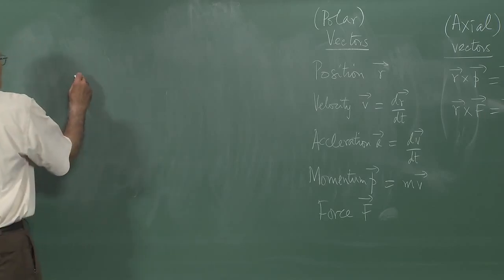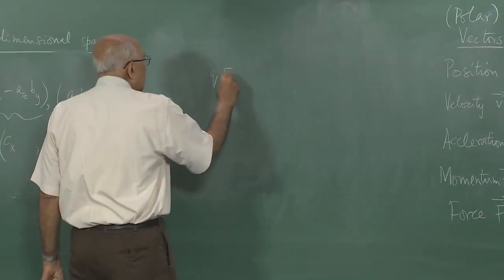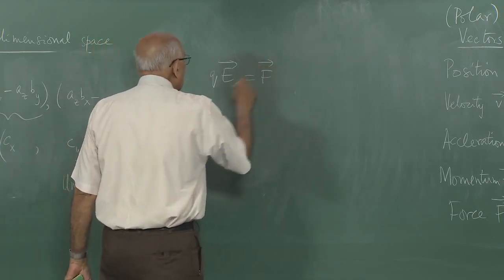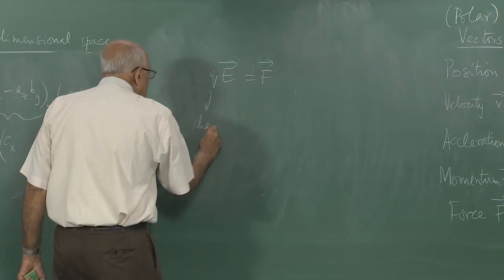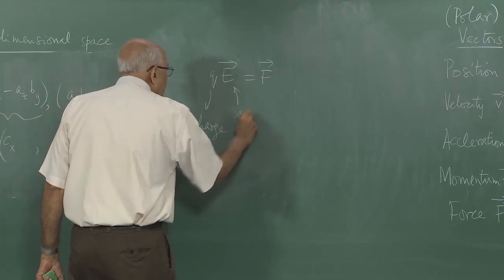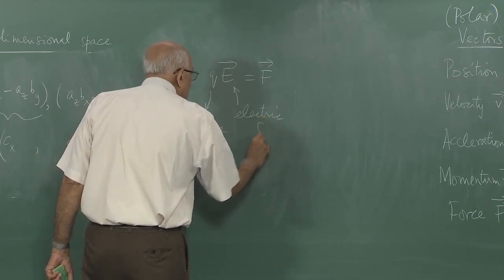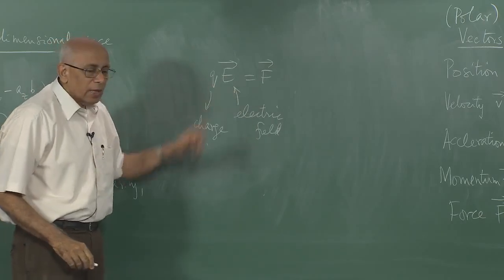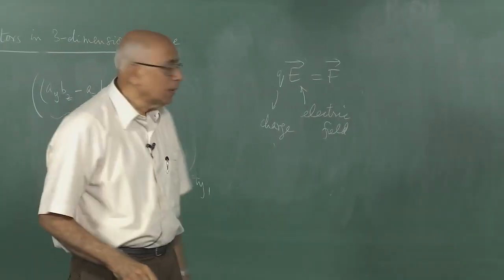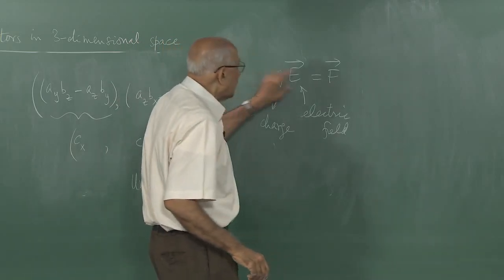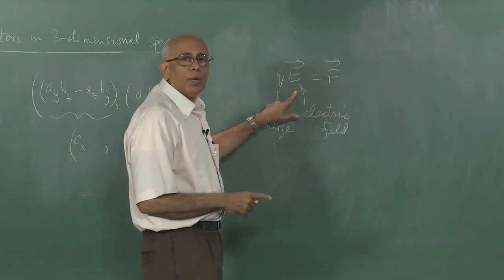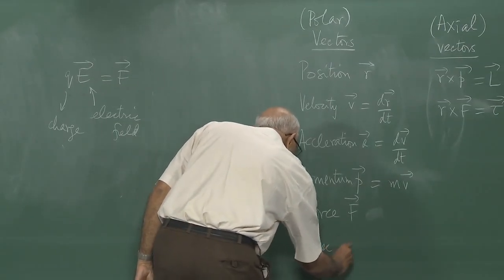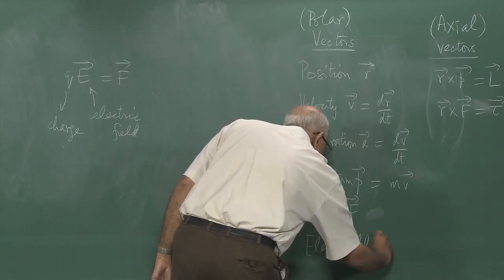For instance, I know that if you have a charge q and I apply an electric field E, then the force on this charge is q times E. So if this is a point charge and this is the electric field applied, I know that the force on it is the charge multiplied by the electric field intensity. Since this is a scalar and I know that is a polar vector, this is a polar vector. So I add to my list electric field E.